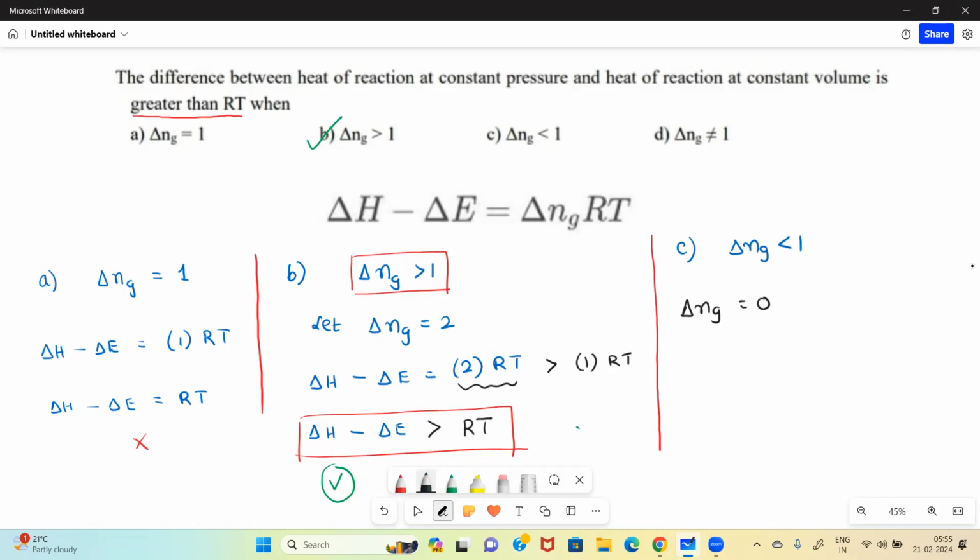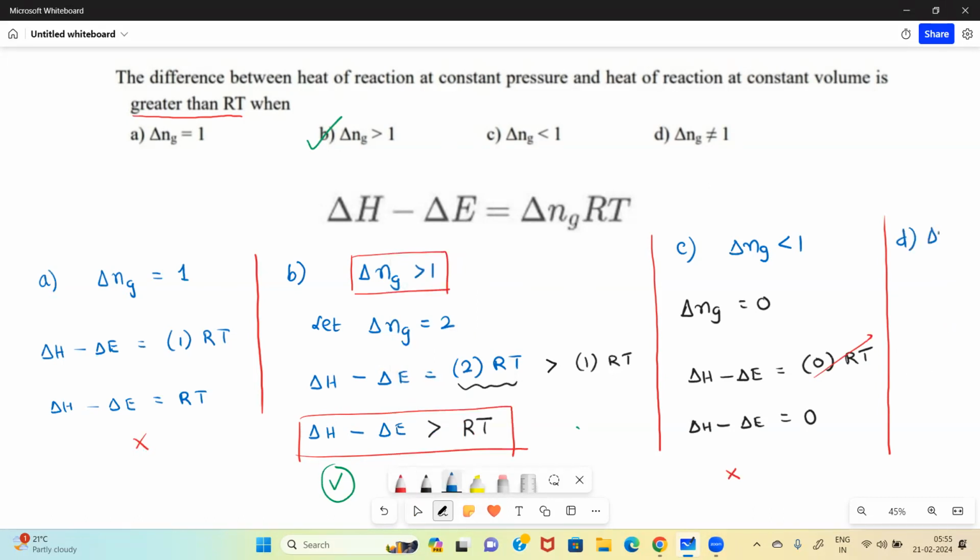Then delta H minus delta E is equal to delta Ng RT, and delta Ng is 0. Therefore, the entire term becomes 0. So delta H minus delta E is 0. It is not greater than RT. Therefore, this is also not the right answer, correct? Obviously, we have got the answer already, but we are just dismissing the other answers.